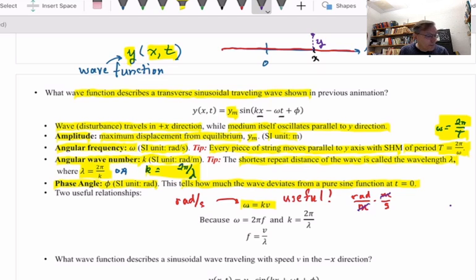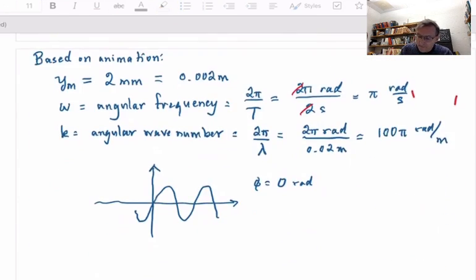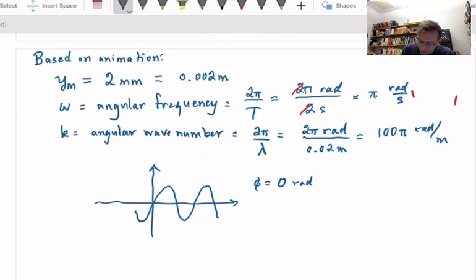Okay? All right. Tell you what, let's then use that equation to learn something more about the wave. So let me start with that formula, omega equals k times v. Let me solve it for v. So v equals omega over k. And let's plug in our numbers we know already for omega and k for this wave.